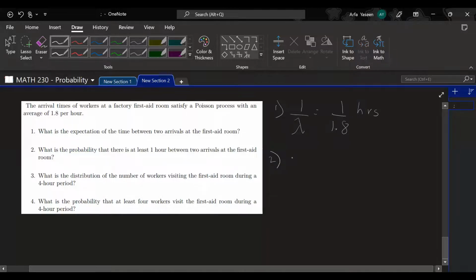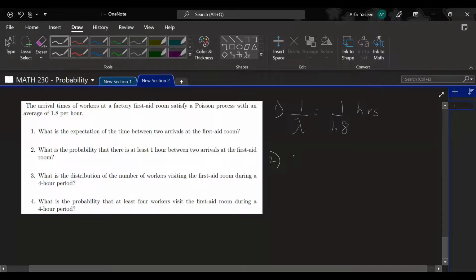Again, keep in mind our random variable is the time between two successive successes, so we are using exponential distribution.